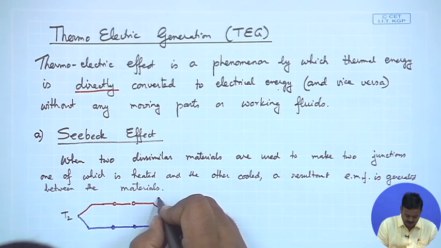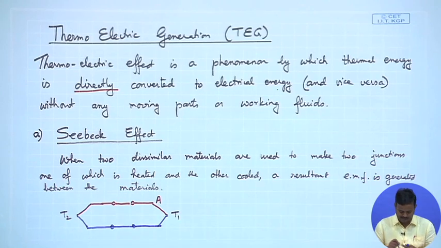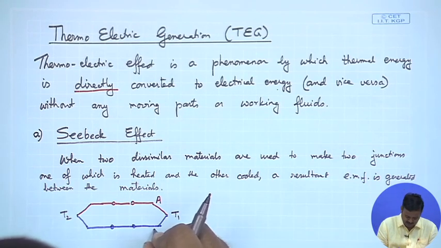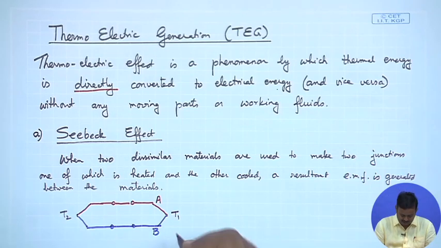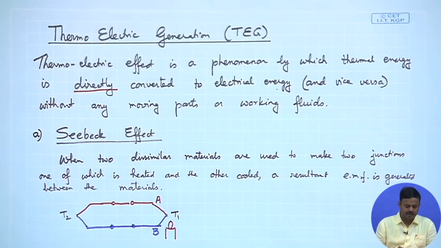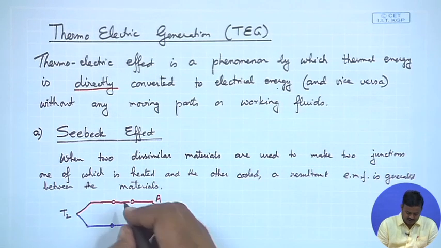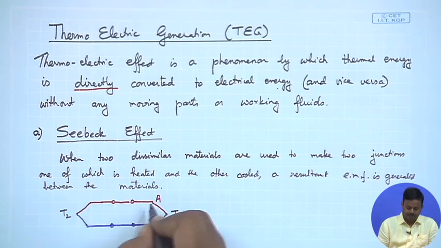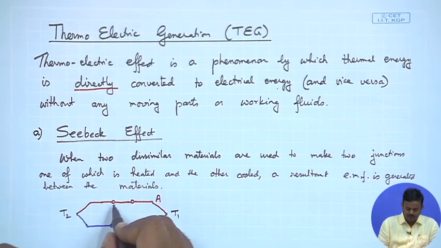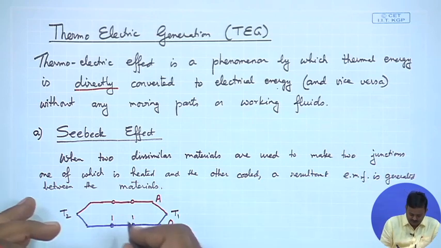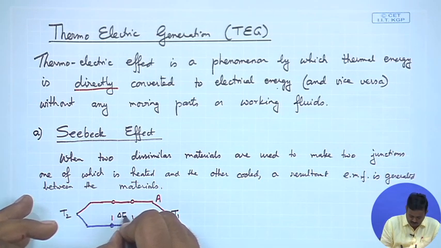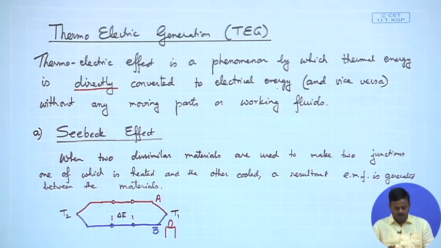So, let us say this is material A and this is material B, and on one end we are heating it up, the other end is maintained at a lower temperature. Then if we measure a voltage across any 2 points, let us say these two, I am going to measure an EMF or a voltage, which means that there is a current flowing through this, okay.